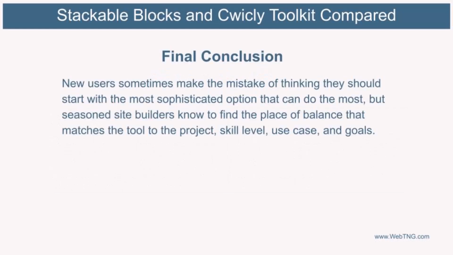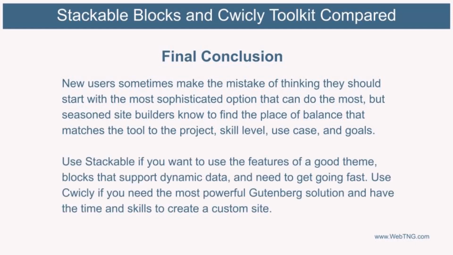New users often think they should start with the most sophisticated option that has the most power and functionality. But seasoned site builders know to look for the sweet spot that matches the tool to the project, the skill level, the use case, and their goals. Use Stackable if you want to use the features of a good theme, blocks that support dynamic data, and need to get going fast.